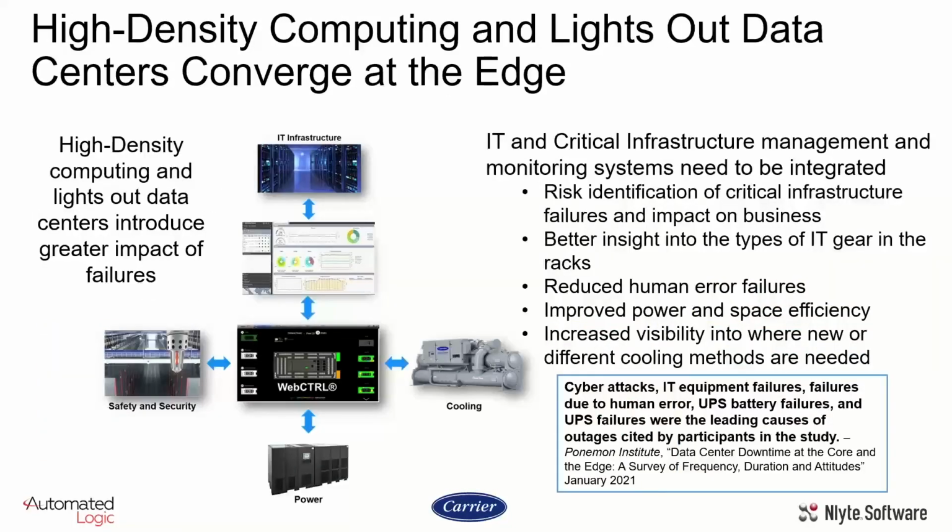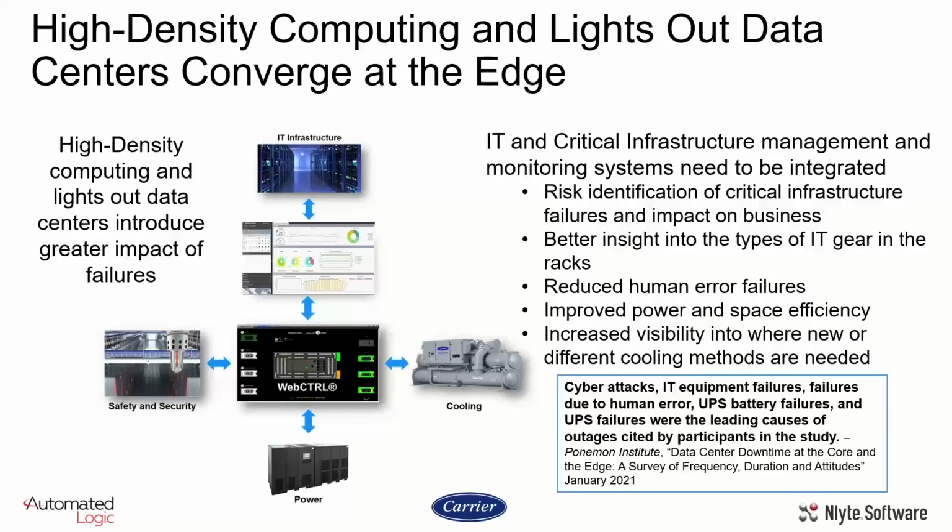Now I want to talk about managing lights out data centers. With lights out, you can be much more efficient, but it's not a panacea yet. Lights out computing allows you to place workloads in an environment where you don't have to be as concerned with things like human comfort, space, temperature, humidity, and so on.